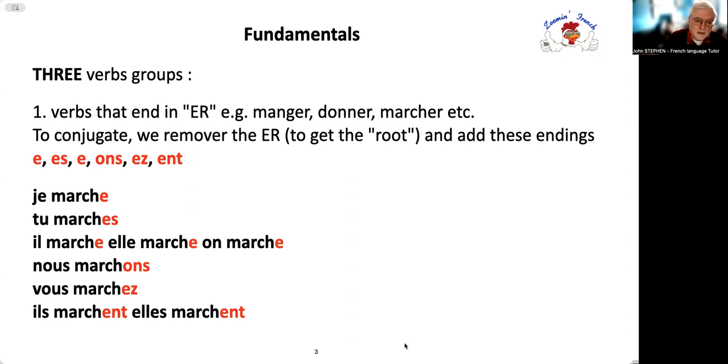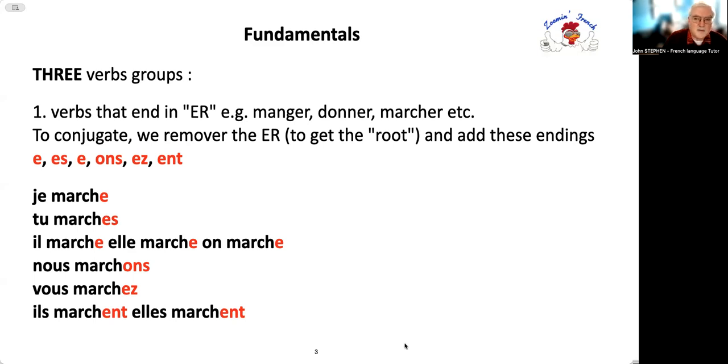So we go in order: E, ES, E, ONS, EZ, ENT. And so how does that sound? So if we start off with je, meaning I, je marche, tu marches, meaning you walk, il, elle, on marche, nous marchons, vous marchez, ils, elles marchent.